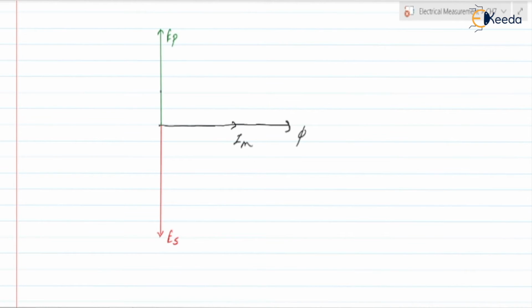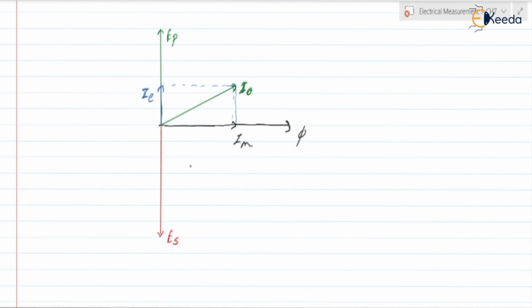One is Im, the second one is IE. The phasor addition of IE and Im is nothing but I0. So this is the I0 we have.